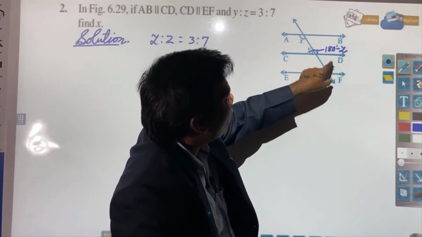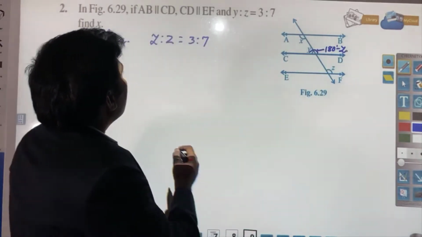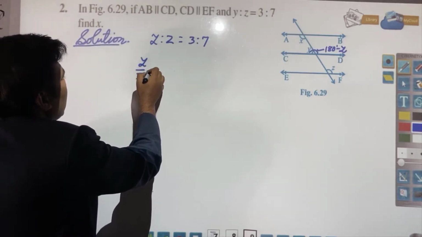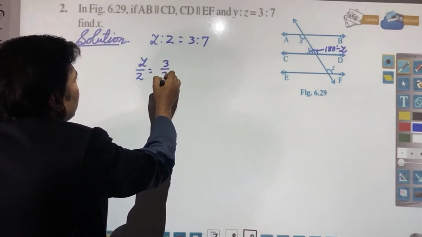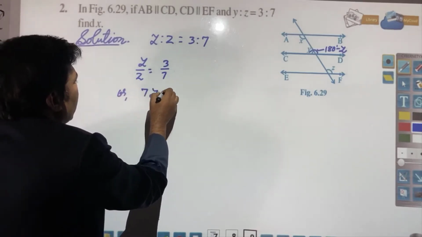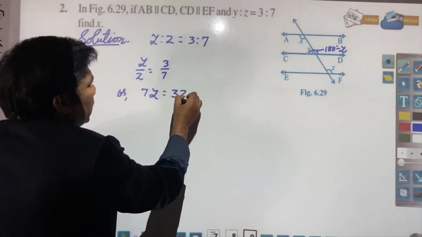So this can be written as y by z is equal to 3/7, or 7y is equal to 3z.